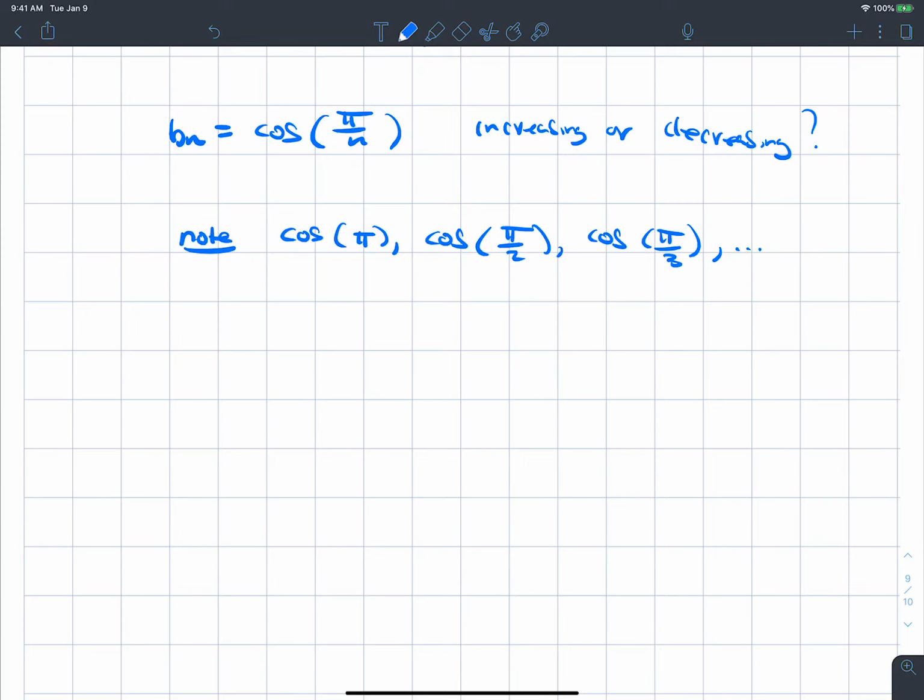You're going forever. So how I see this when I'm trying to figure this out is, is it increasing, is it decreasing? What's happening with the terms of the sequence? I'm going to look at cosine. Now cosine looks like this.